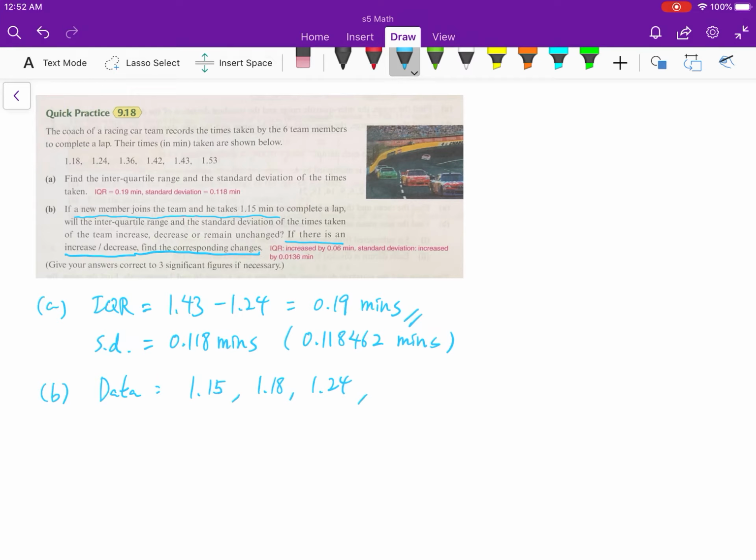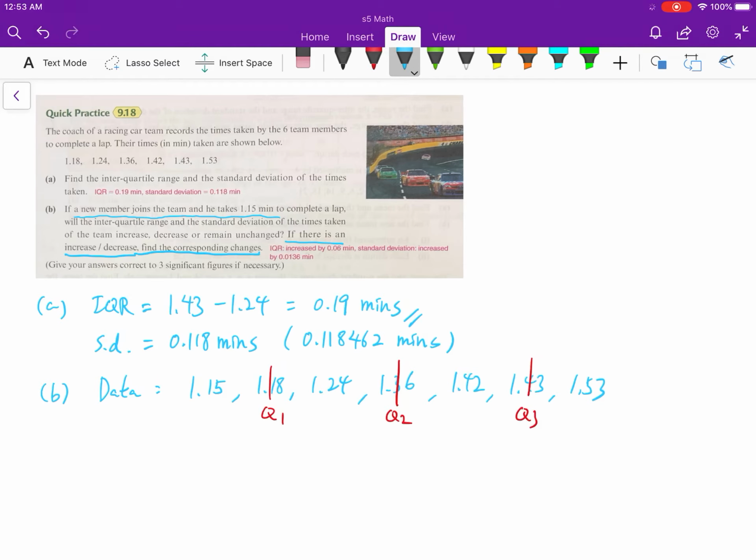So part B, now the new data set becomes 1.15, 1.18, and all the data. Now we try to find a new IQR.